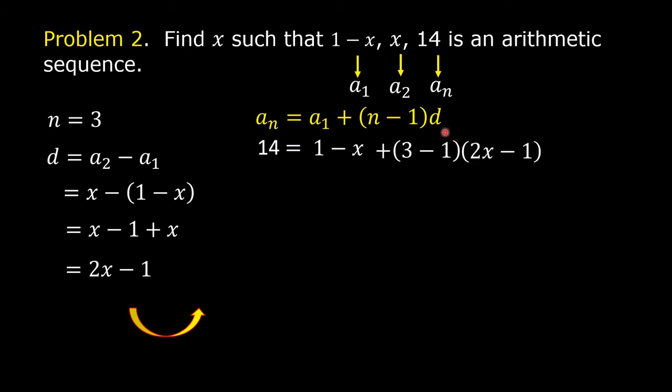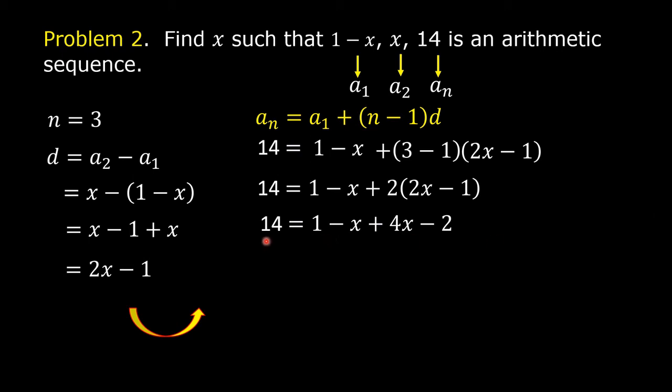D is 2x minus 1. So we have 14 is equal to 1 minus x plus 2, because 3 minus 1 is 2, and then 2x minus 1.